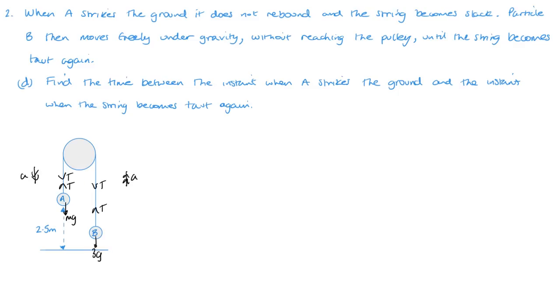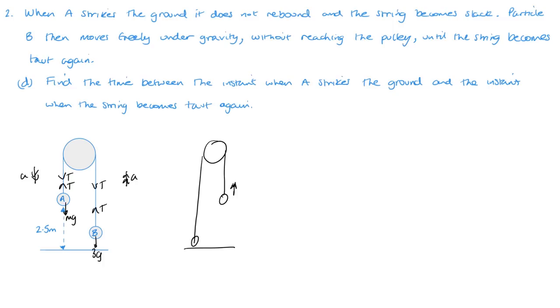So we've gone from this where A is striking the ground. So A now has struck the ground, and then the string becomes slack and particle B continues moving up this way and freely under gravity.